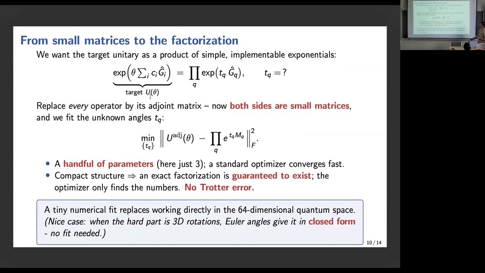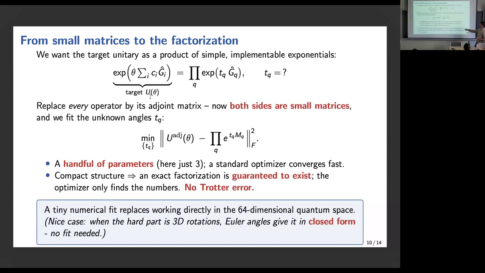So now once you've figured out how to build the adjoint matrices, the problem is really simple. You want a target unitary as a product of simple exponentials on the right-hand side, and you would have a bunch of unknown angles to find. You know that you can exactly decompose the target unitary into this product form.